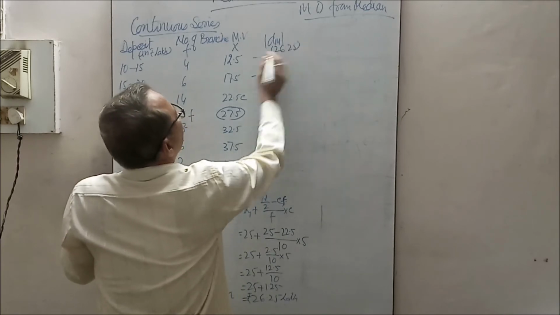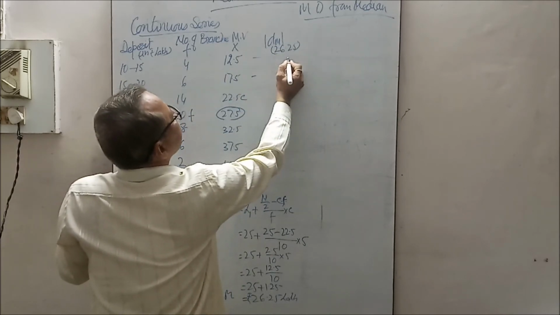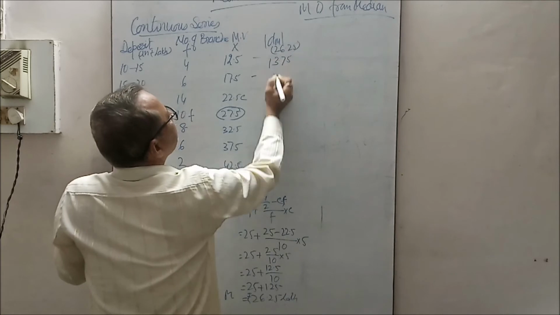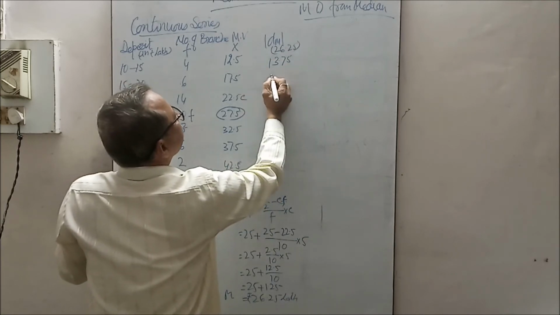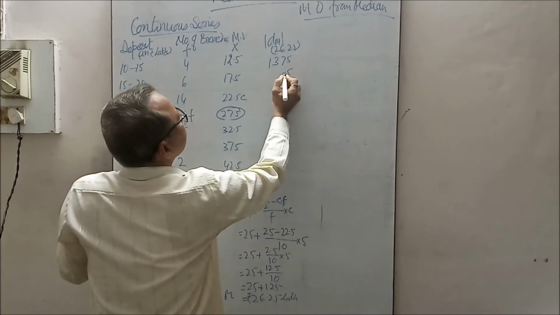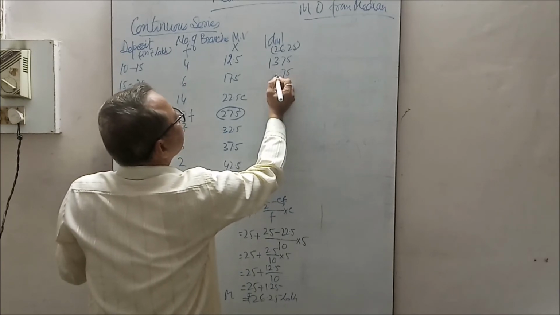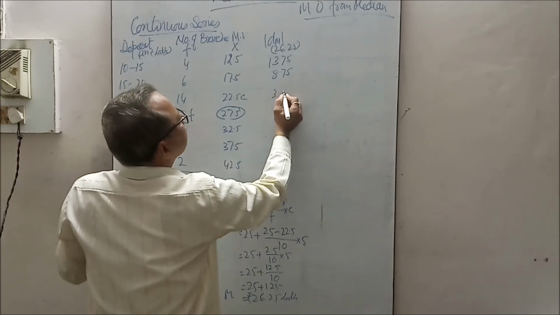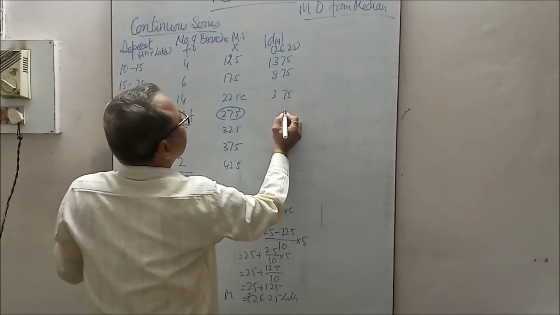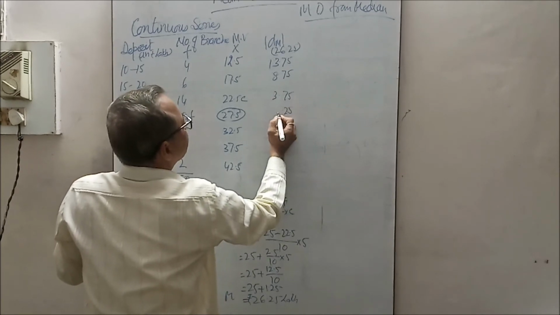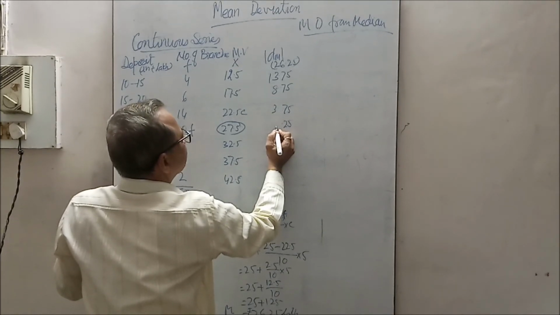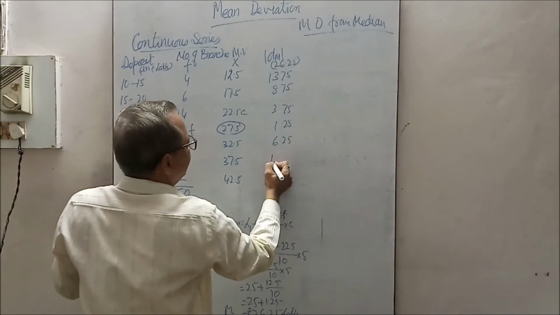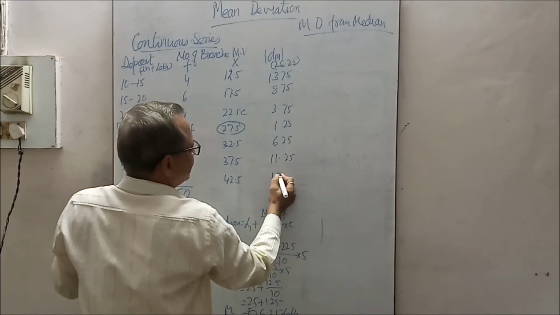Find the difference from it: 13.75, 1.25, 6.25, 11.25, and 16.25.